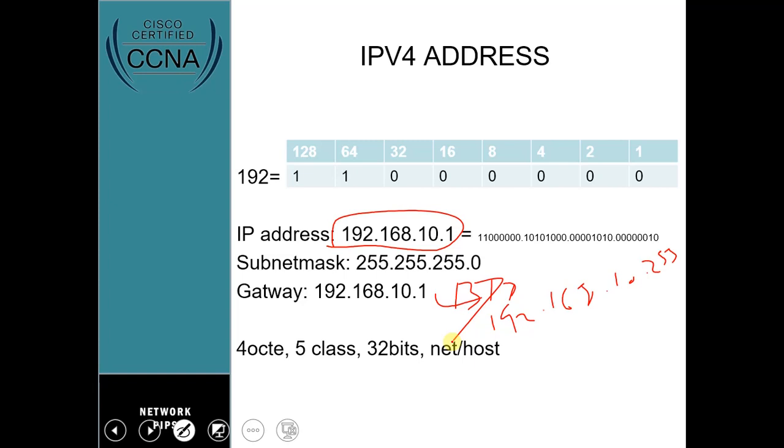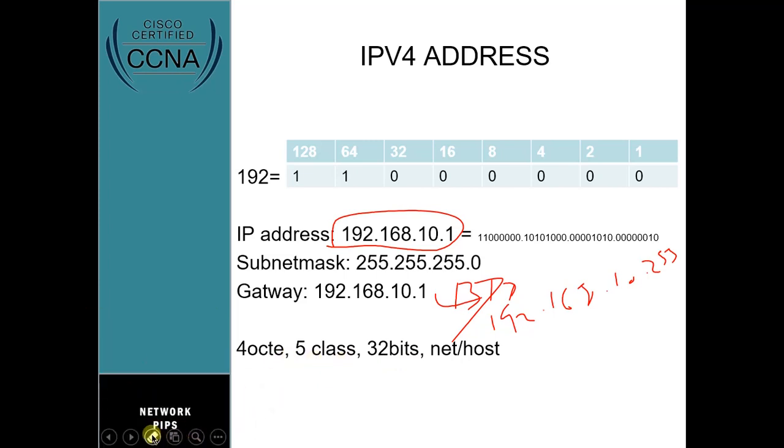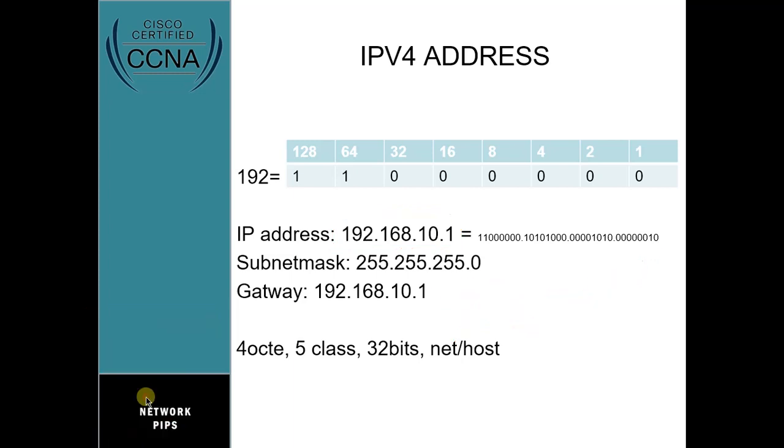So our gateway address is more like an exit address that takes us out from our local network. Let me say we have two different addresses, for example, I have 192.168.10, let me say 2, for example.